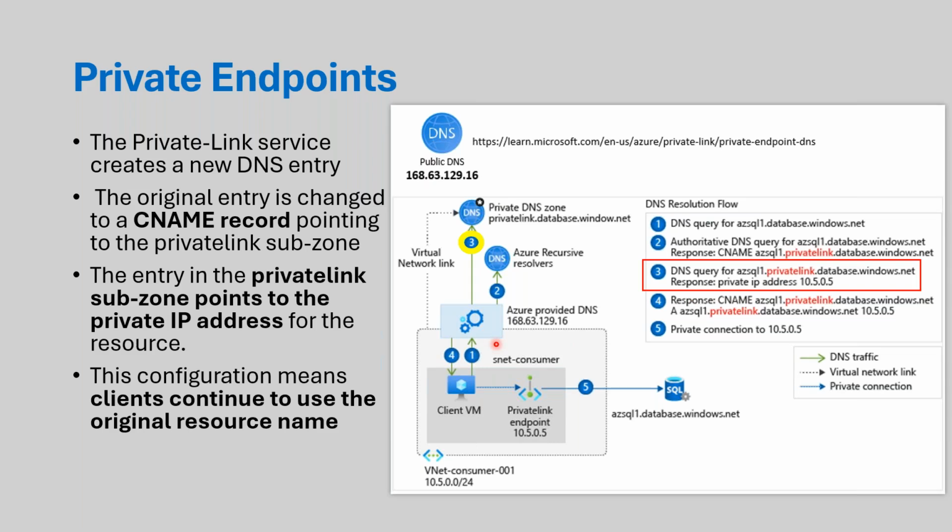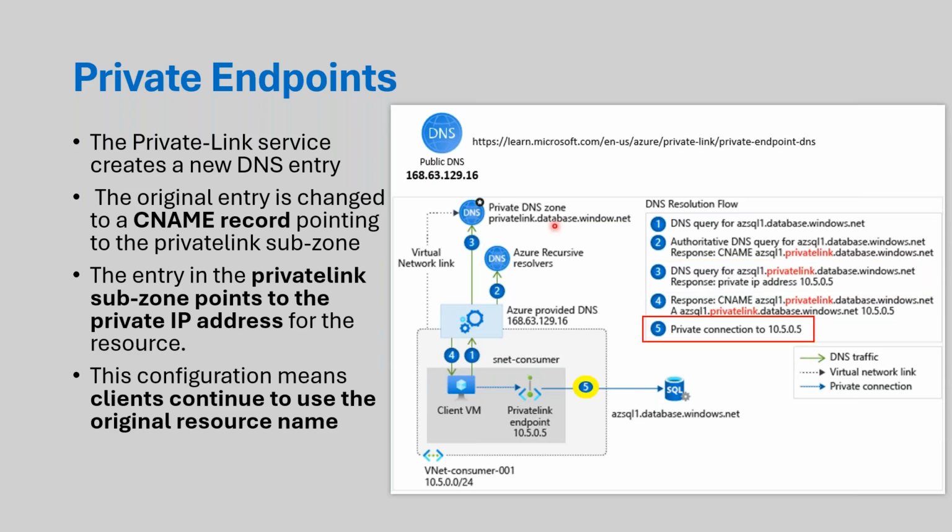Service endpoints are very similar to private endpoints in that they keep the traffic on the Microsoft network. The difference is they continue to use the public IP address to make that connection, but it routes over the Microsoft backbone.